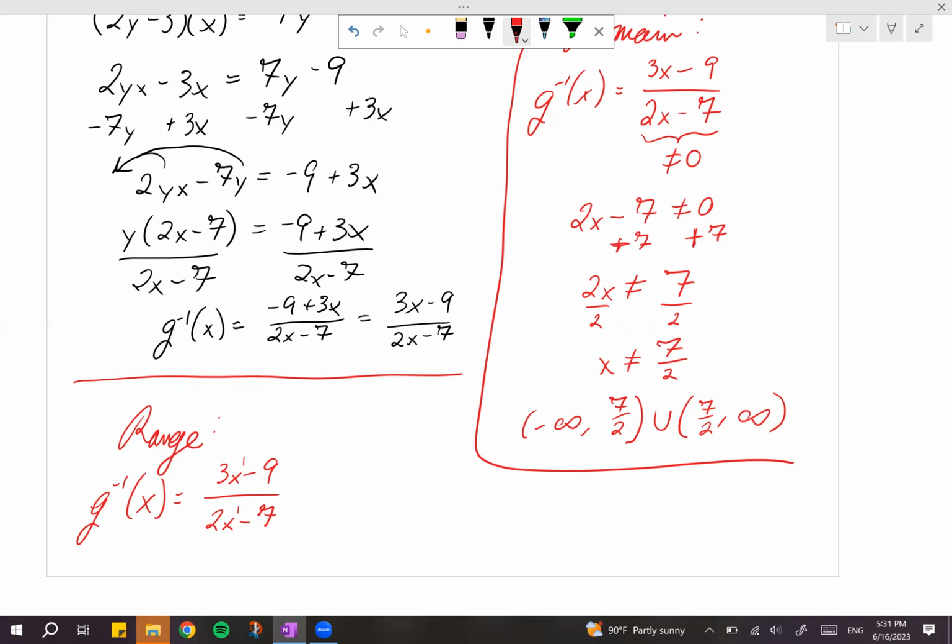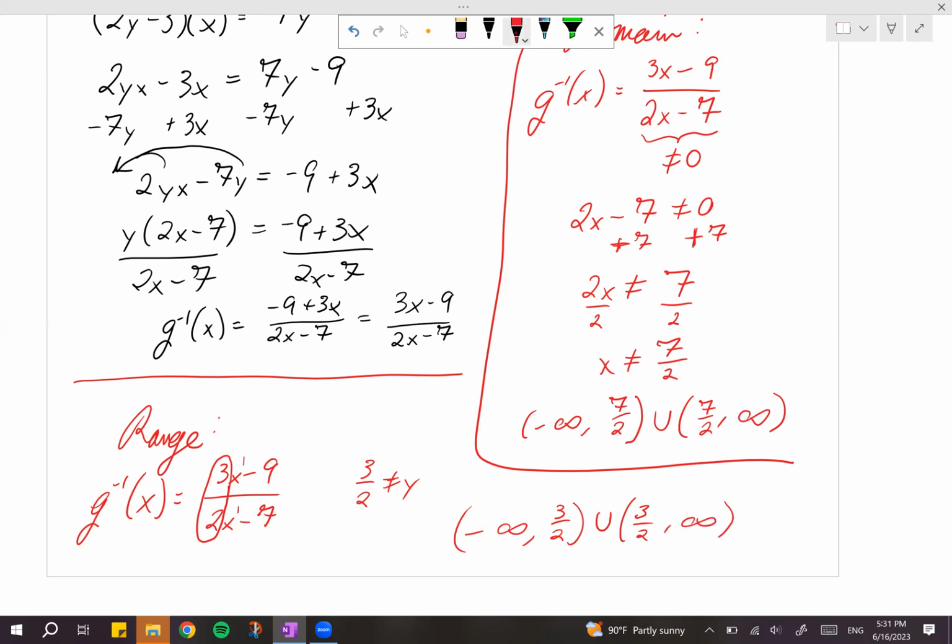My range is everywhere except 3 over 2. All right. So my range also goes from negative infinity all the way to 3 over 2, skips over 3 over 2, and then goes to infinity.